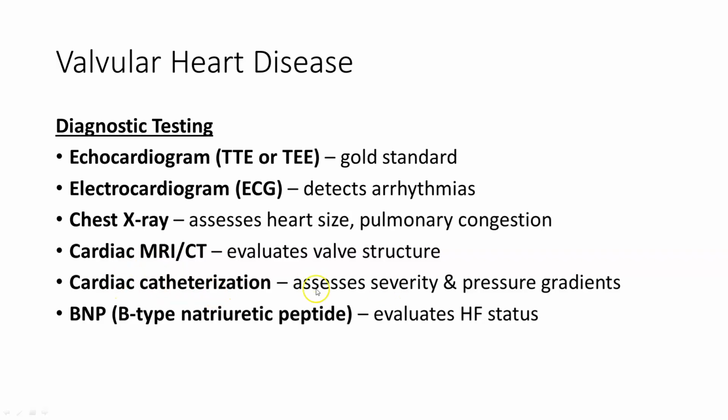Cardiac catheterization, right? We want to go down and visualize the effect or the severity of those changes to the valves. So you see here they talk about pressure gradients. And then obviously because it will mimic signs and symptoms of heart failure, you can get a BNP. I would probably throw a troponin in there if they came in complaining of chest pain with aortic stenosis.